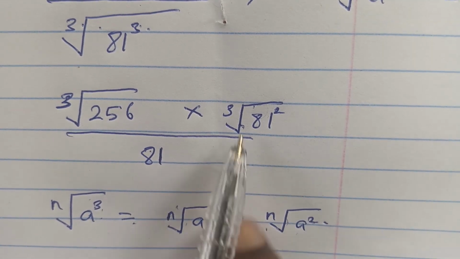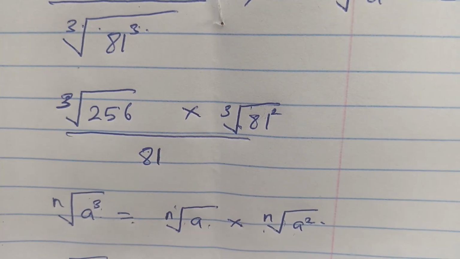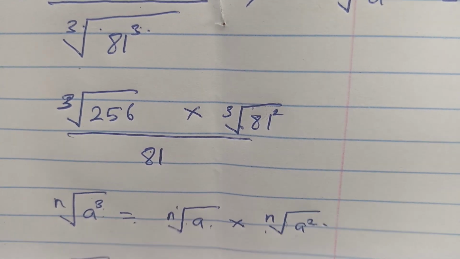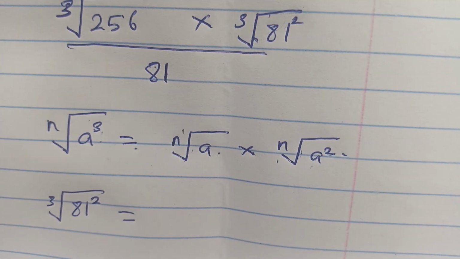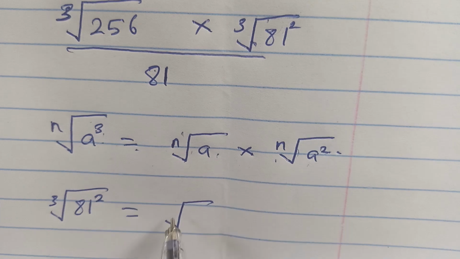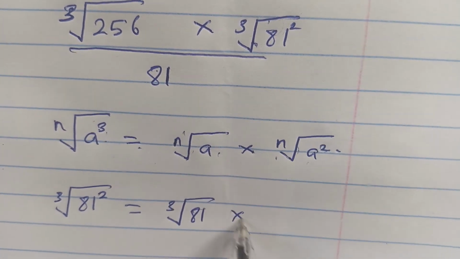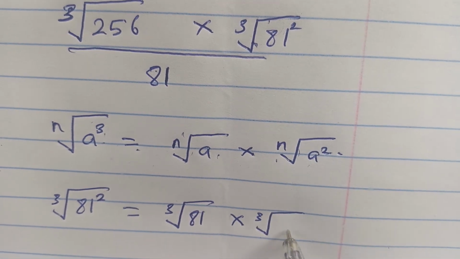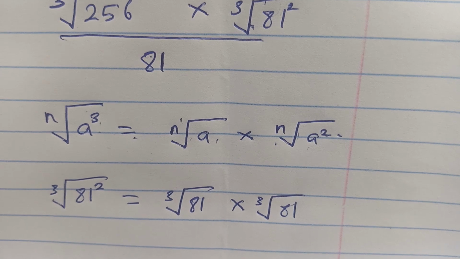So if we put this principle here, the cube root of 81 to the power of 2 is equal to the cube root of 81 times the cube root of 81.